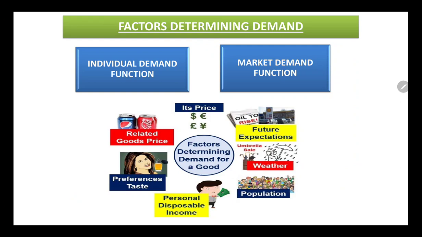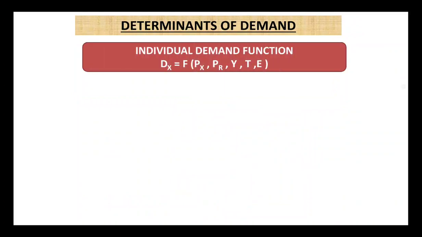Now, very important and again very interesting also, what are the factors that actually determine demand. Since you have studied two kinds of demand, individual and market demand, we'll study each and every factor in detail. Each one of these will be studied in detail. Let's first study the individual demand curve. So these are the factors.